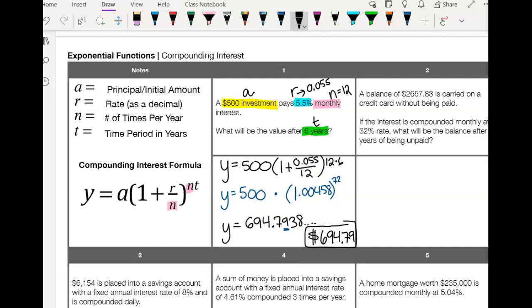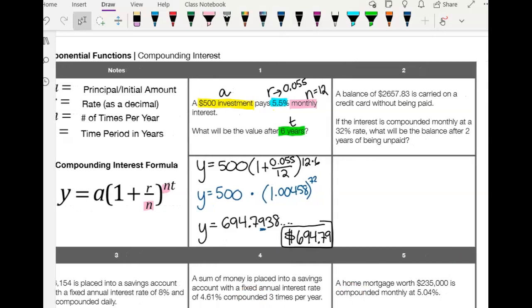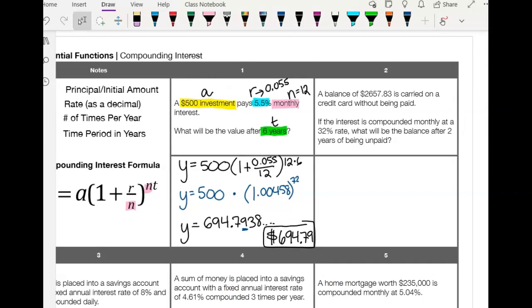That's why it's super important to show what you are inputting into your calculator, so that if we're off by a few cents, we can understand why. Is it just because of where we did our rounding, or is it that we messed up which numbers to put in? All right, we're going to do one more example here.